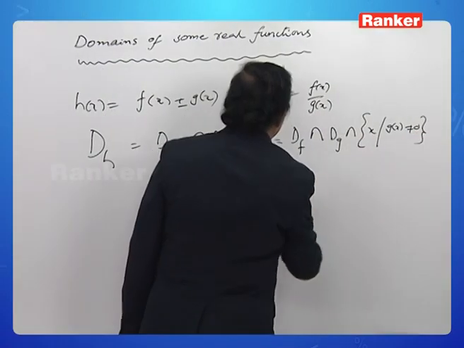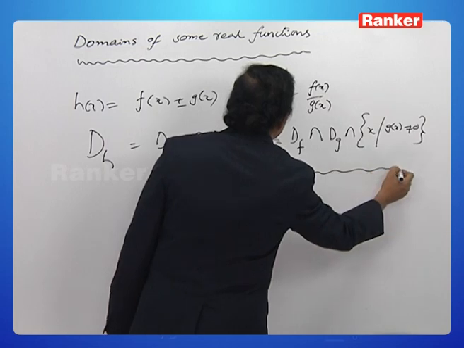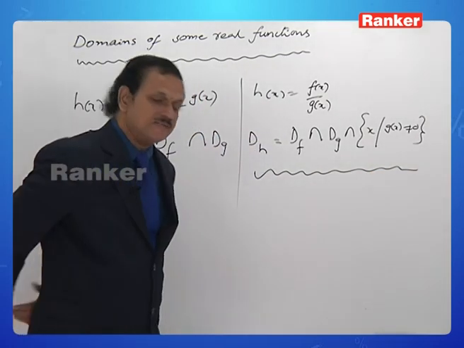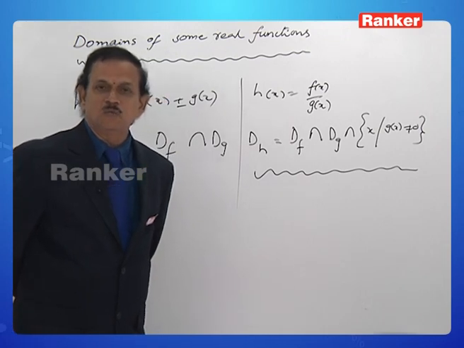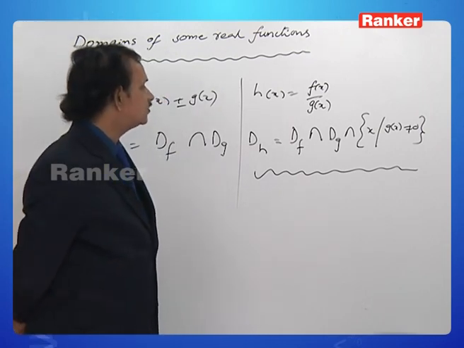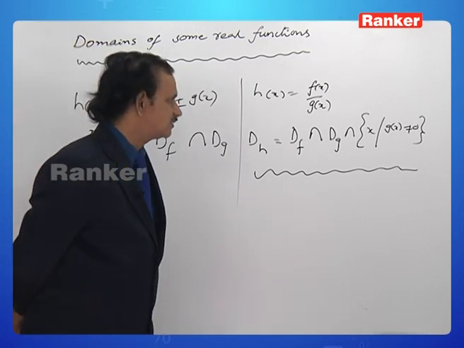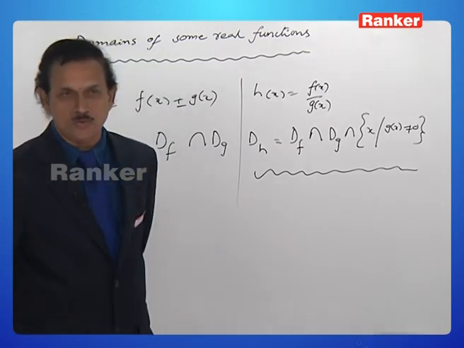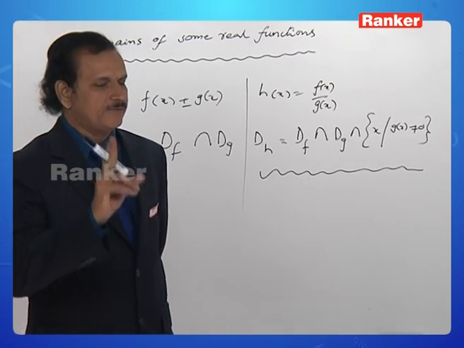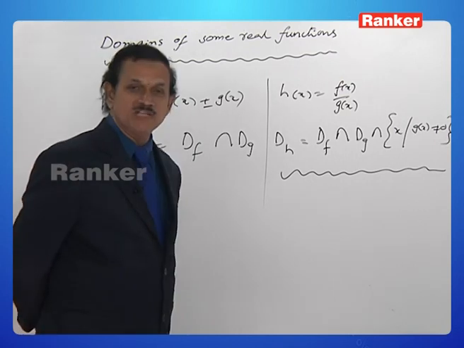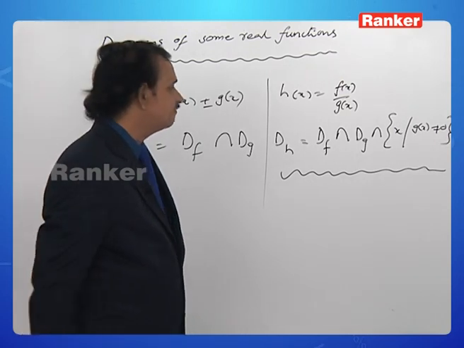This becomes the original domain of h of x. So, what is the extra thing which occurs on the screen? The set of all x's such that g of x is not equal to 0, that must also be considered. And the intersection of all those three gives the actual domain of h of x.